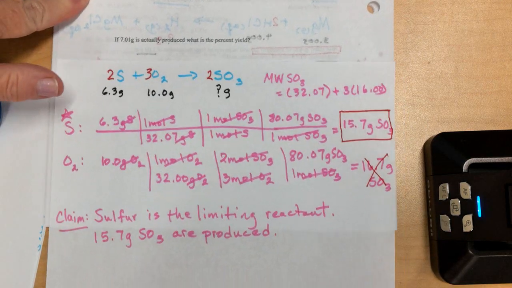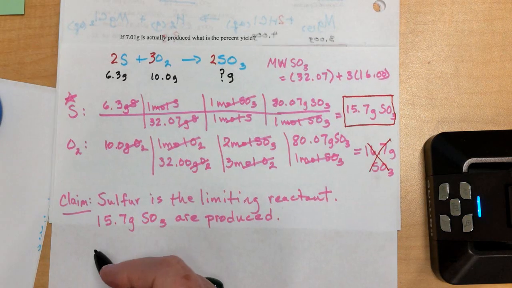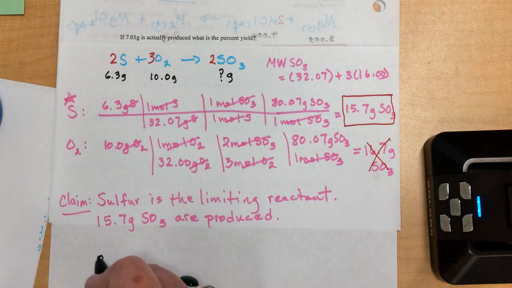Now if I come down to the last point, last question. If 7.01 grams is actually produced, what is the percent yield? Okay. So, percent yield.